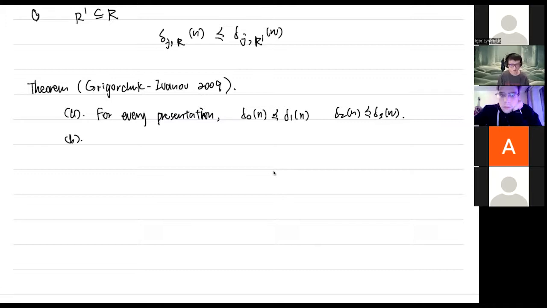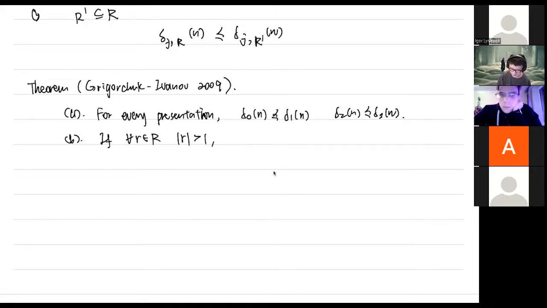And the second result is, okay, in most cases the Dehn zero function and the Dehn one function are indistinguishable. If every word r inside R has length greater than 1, basically you don't have any redundant generator, right? Redundant element. If the length is 1, basically this whole thing is just trivial.